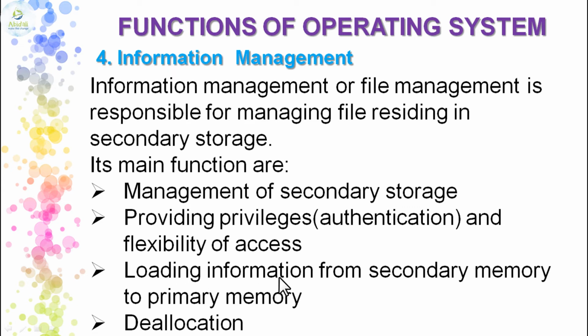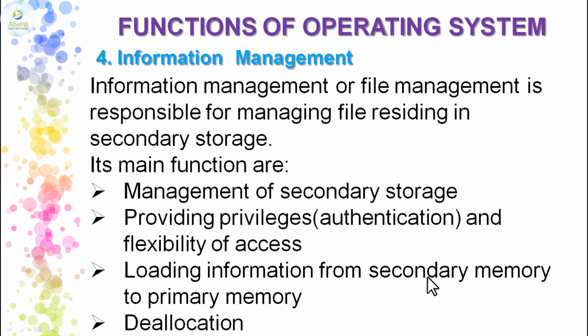Loading of information. Once the program starts its execution, the source code stored on the hard disk should be brought into the primary memory. That's the main job of the loader. Linkers and loaders will help us in this process of execution.